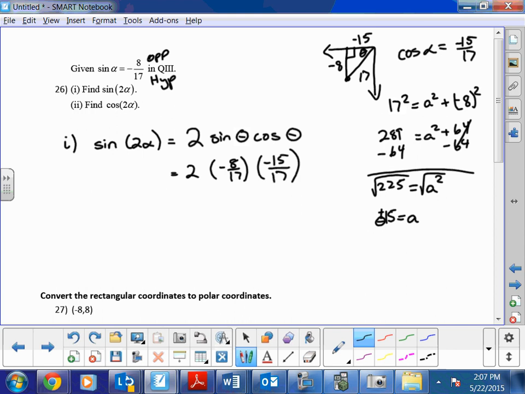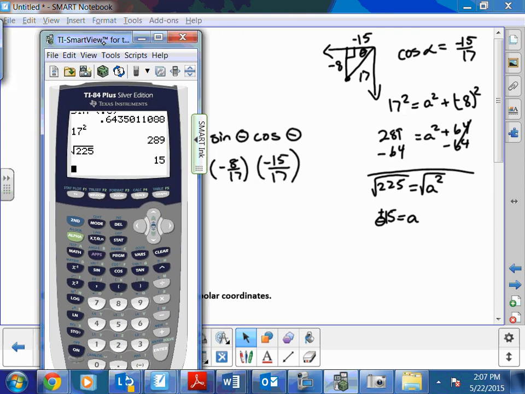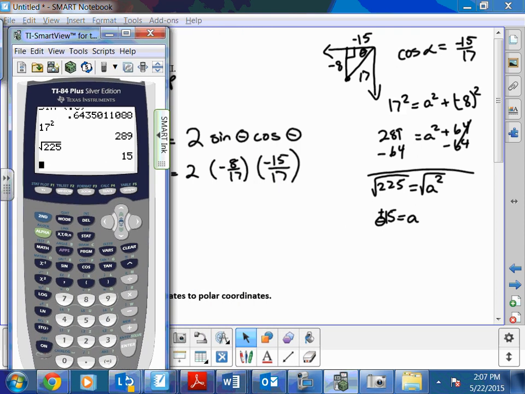Let's go ahead and multiply this fraction and see what we end up with as far as an answer. We're going to have negative 8 times negative 15 times 2, so 240, over 17 times 17, 289. So let's math frac that and see what the reduction of that is. That's it, 240 over 289.